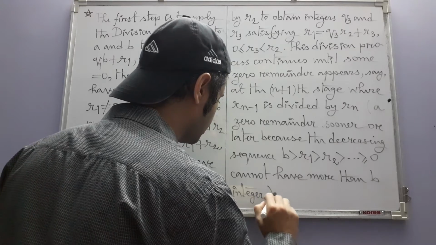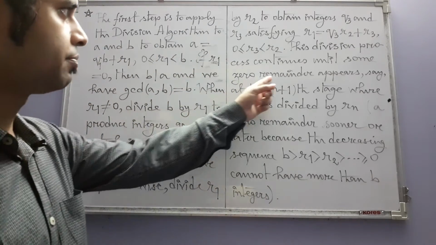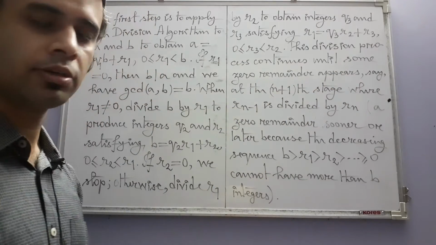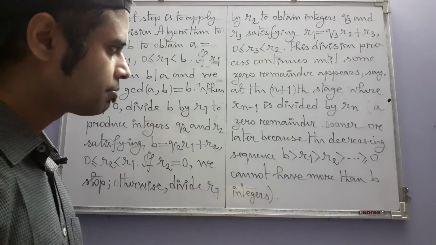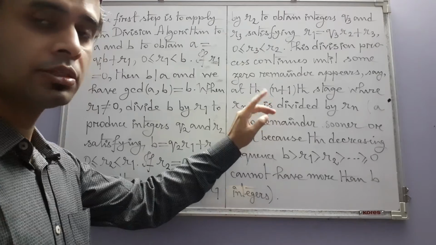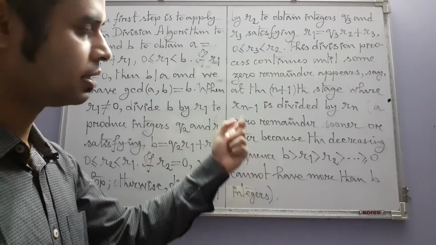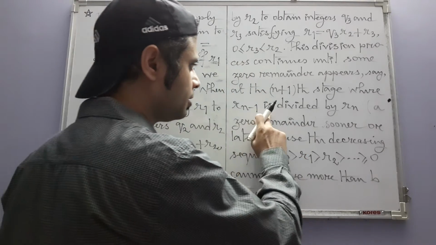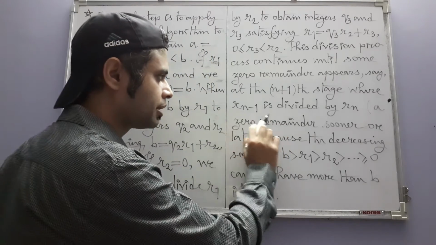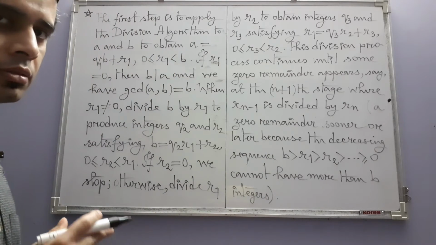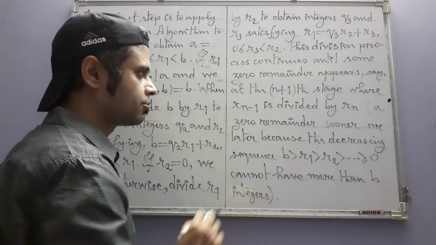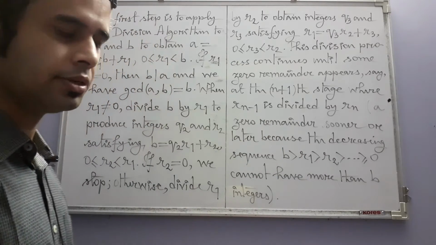So a zero remainder appears, and we have assumed that at the n plus 1 stage it appears. At the n plus 1 stage we have the remainder Rn minus 1 being divided by the next remainder Rn, and this division is complete in the sense that Rn minus 1 is divisible by Rn. That's where we get a zero remainder. In other words, according to these notations, Rn plus 1 is 0.